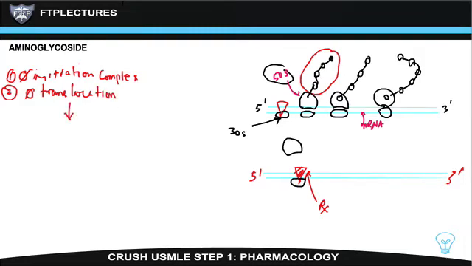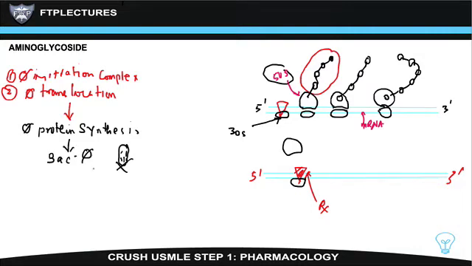Well, that means there is no protein synthesis, which means there is no bacteria. The bacteria dies, okay? Oh, that's unfortunate. And this is exactly how aminoglycosides work. This is how they kill bacteria.